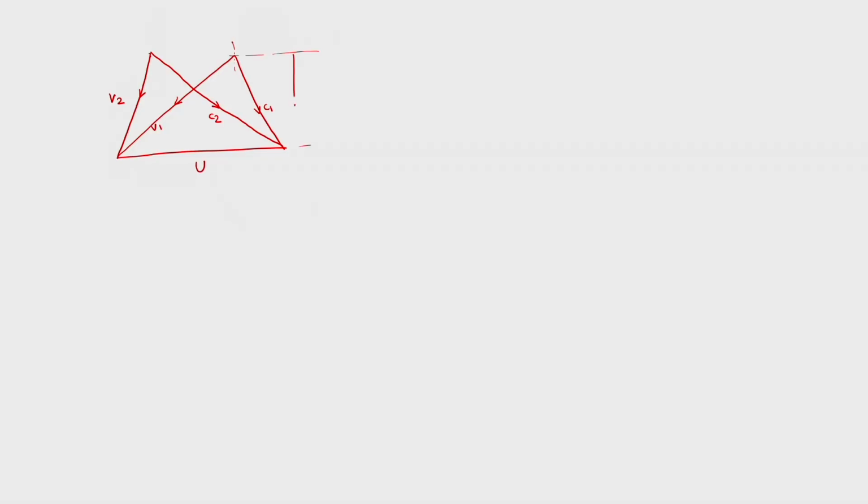This is CA, and then we had this as alpha 1, this as beta 1, and corresponding to this we have beta 2, and this has alpha 2. Sorry.